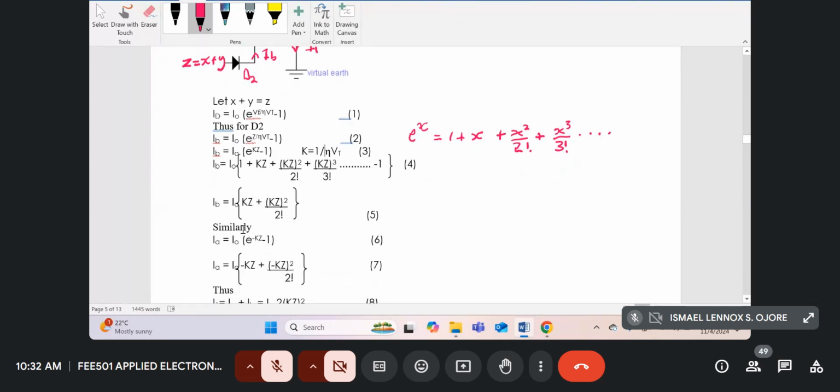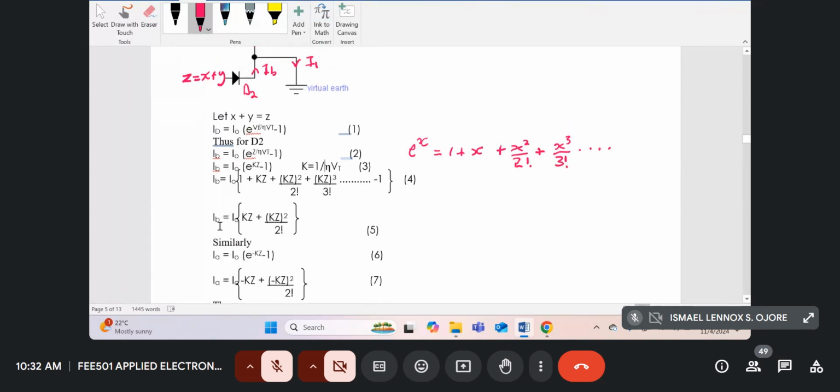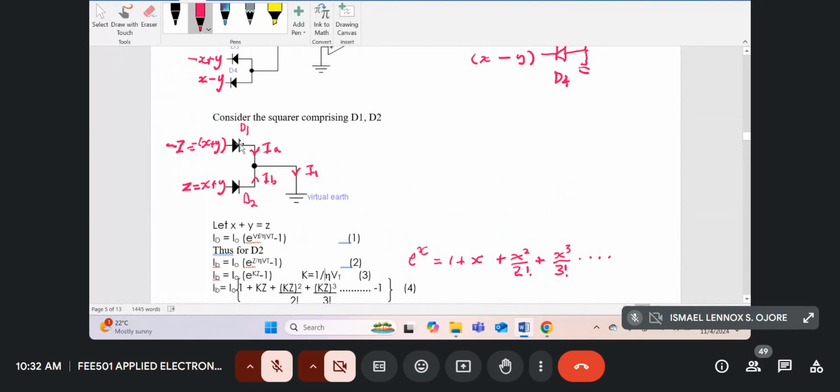Now we can do the same for I_A. Now I've just given you the result for I_B, okay, maybe some of us are not on the same page. I can repeat the same for how to determine I_A. I_A is the current that passes through the first diode, this current over here. Now V forward for this first diode is minus z.